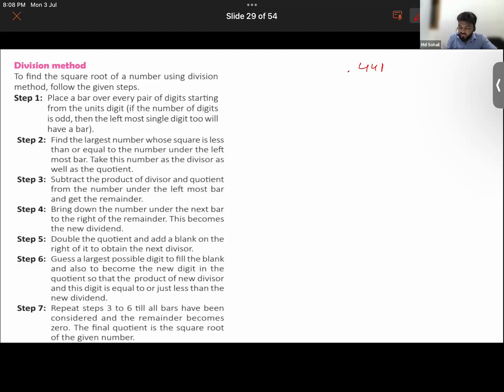Take one more value, 15625. That is also a perfect square. Both these numbers are perfect squares, meaning that the remainder is going to be 0 here.